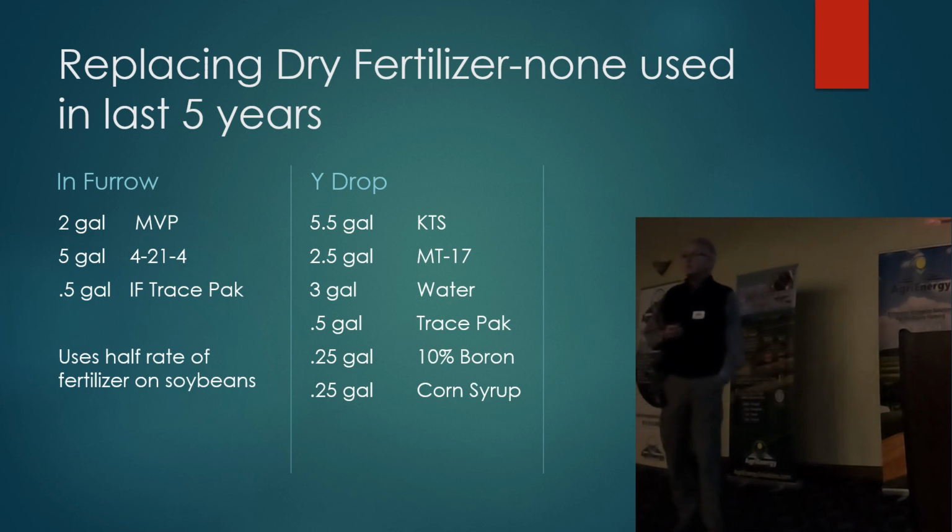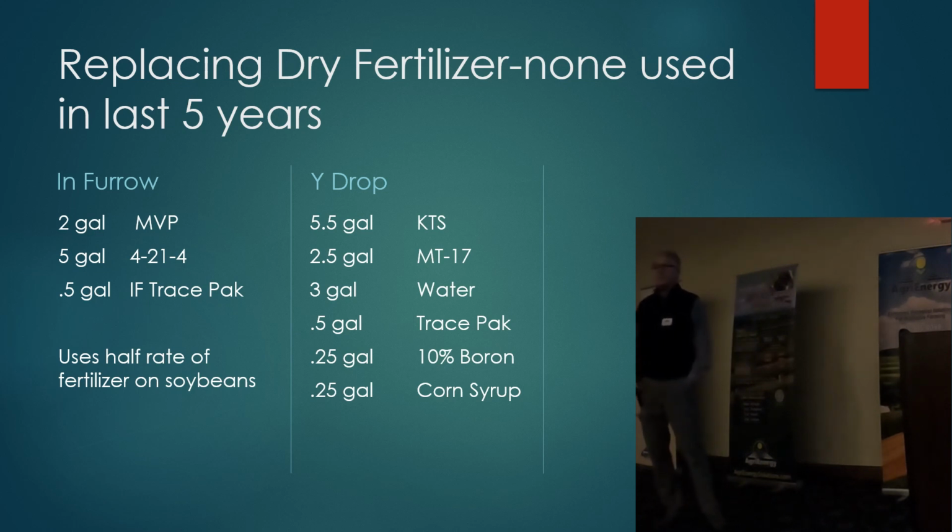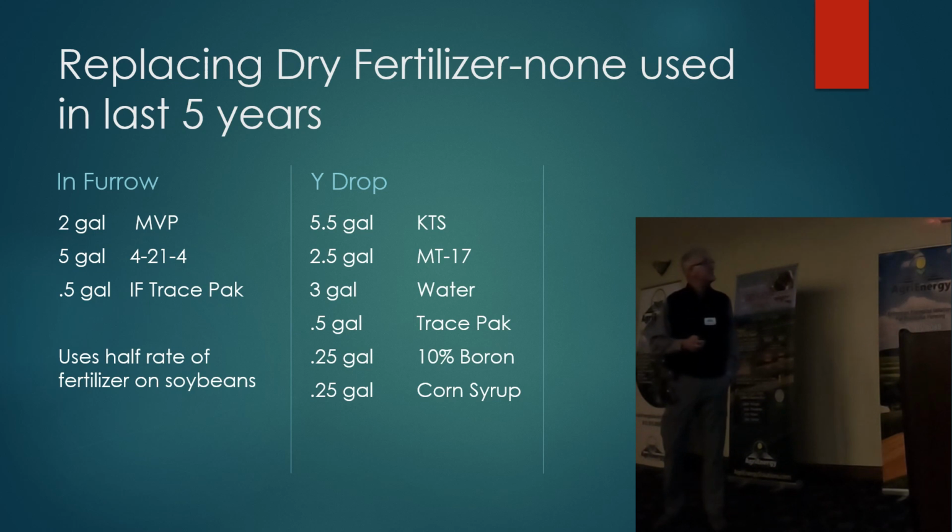That's a 0-0-25-17. 2.5 gallons of MT17 for a biological, water, more trace pack, more boron, and a little bit of sugar to feed the microbes here. And yeah, he's used no dry fertilizer for 5 years, but now his yields are going up. He's a pretty happy camper.